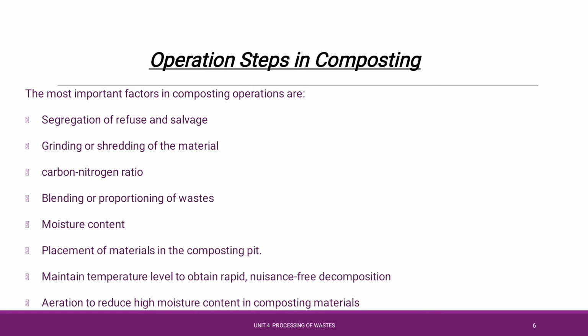Various other factors which determine the composting operations are segregation of refuse and salvage, grinding, shredding, carbon nitrogen ratio maintenance, blending of the waste generated, moisture content maintenance, proper placement of material in the composting pit or windrows, and temperature maintenance. Proper aeration should be provided to reduce the excess moisture content in the composting material.